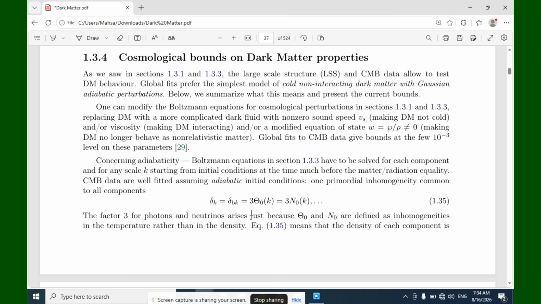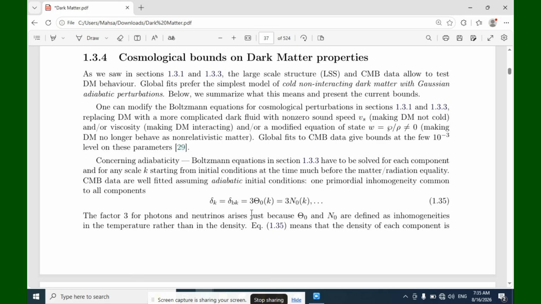One can modify the Boltzmann equations for the cosmological perturbations in sections 1.3.1 and 1.3.3, replacing dark matter with a more complicated dark fluid with non-zero sound speed, c_s, making dark matter not cold, and/or viscosity, making dark matter interacting, and a modified equation of state w = p/ρ not equal to 0, making dark matter no longer behave as non-relativistic matter.